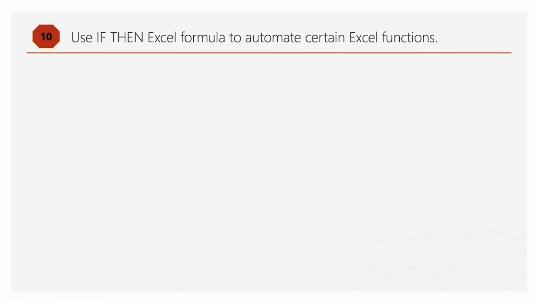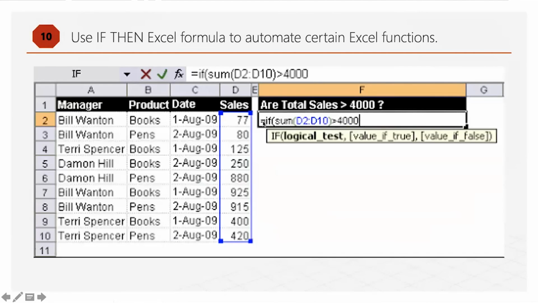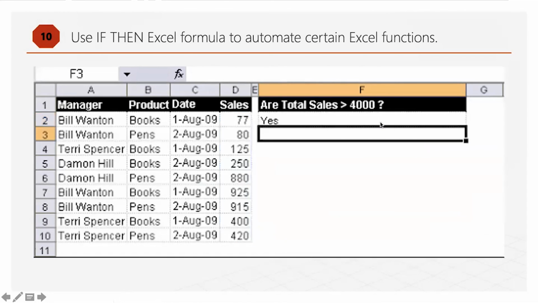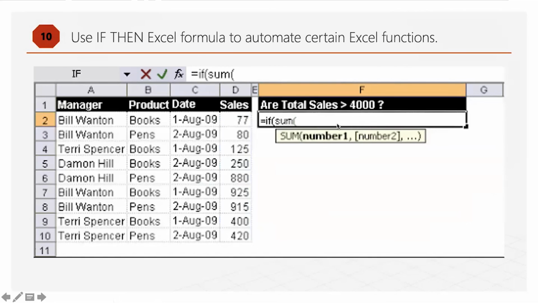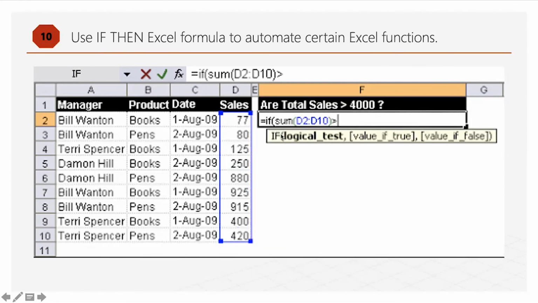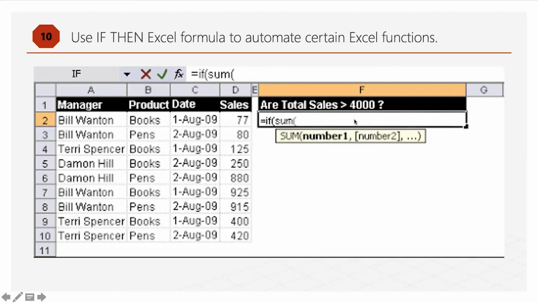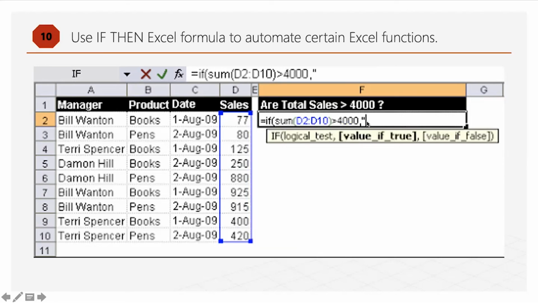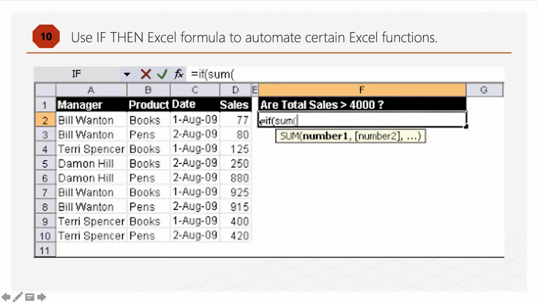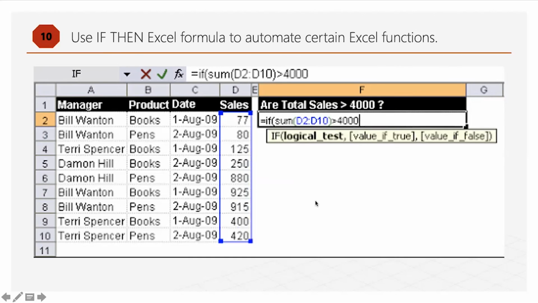Here, if the sum of D2 to D10 is greater than 4,000, say yes, or else no. Look at this carefully: IF, open bracket, SUM of this cell to this cell, close brackets, greater than 4,000, comma, within double inverted commas enter yes, comma, within double inverted commas, no. That means if it is greater than 4,000, yes. If it is less than 4,000, no will appear. Understood?